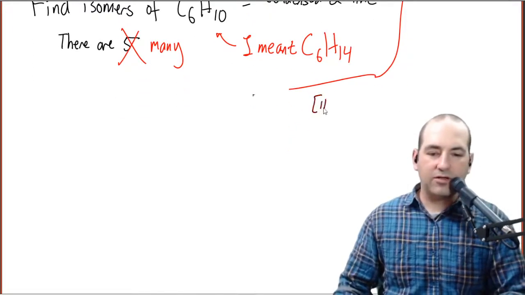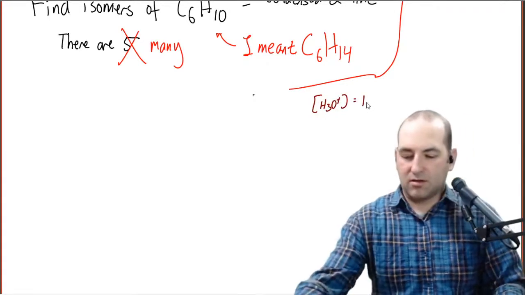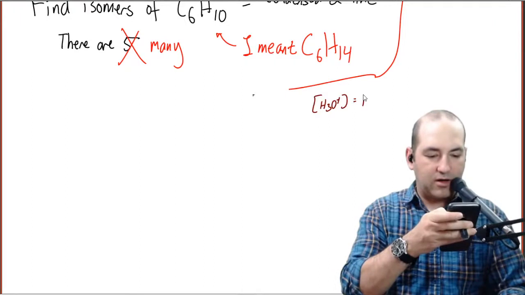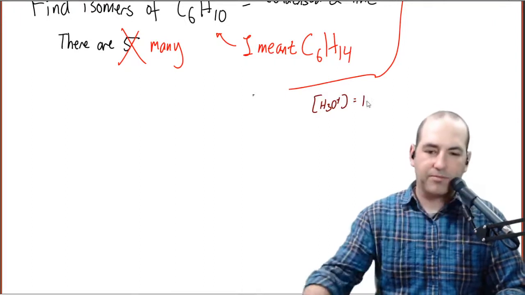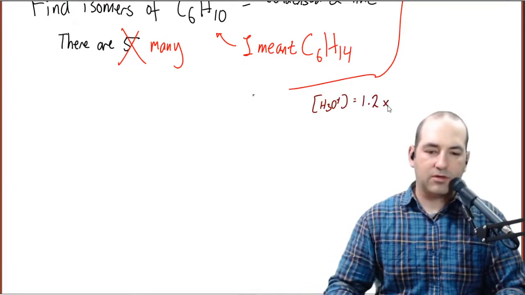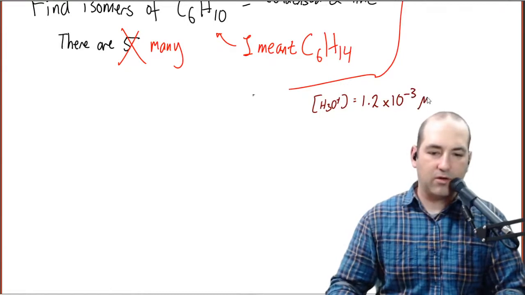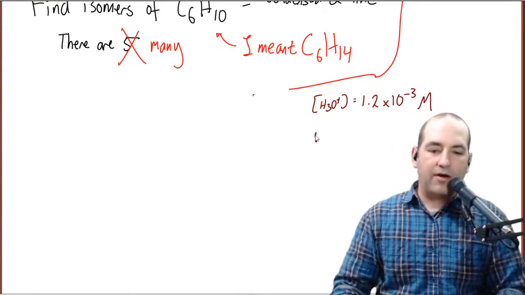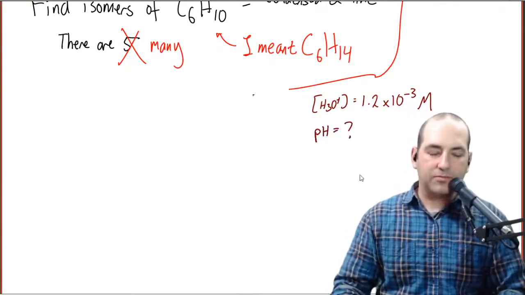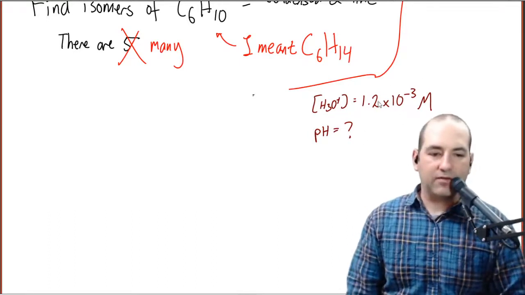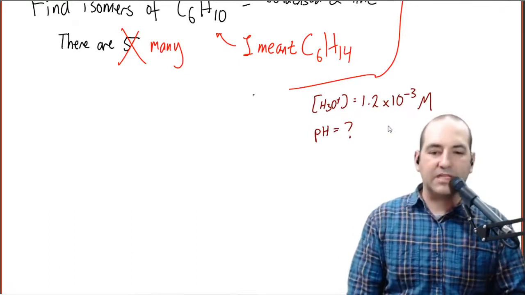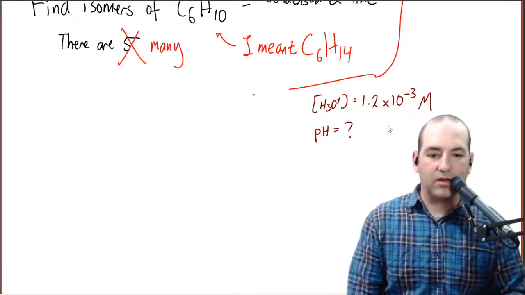If the hydronium ion concentration is, what was the example we were looking at here? 1.2 times 10 to the minus 3 molar. How do you find the pH? Well, you have to take the negative log of that. And depending on the type of calculator you have, it can work a little bit differently.